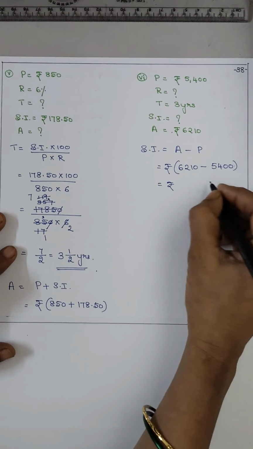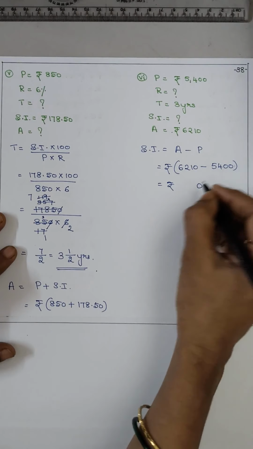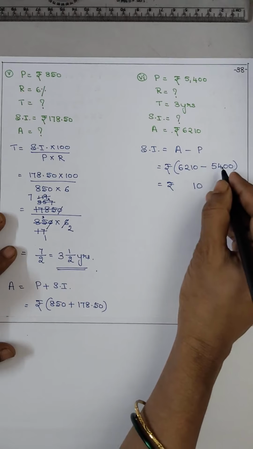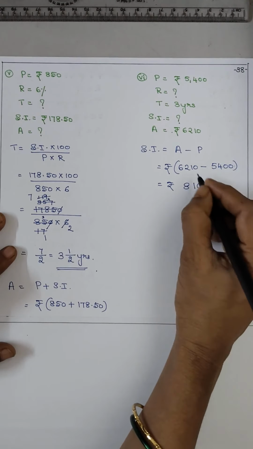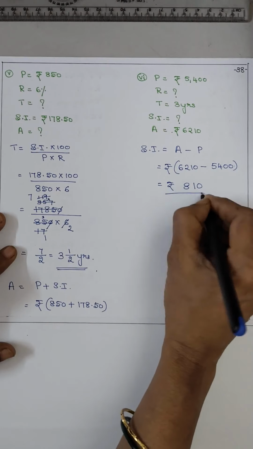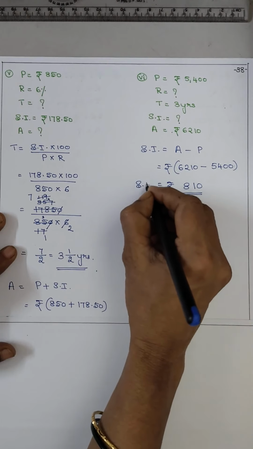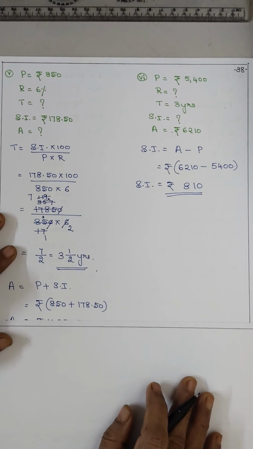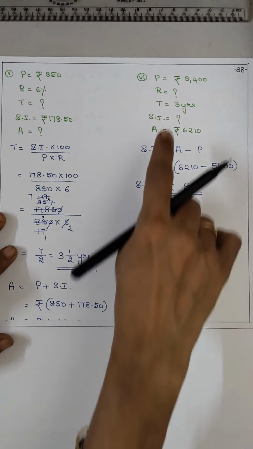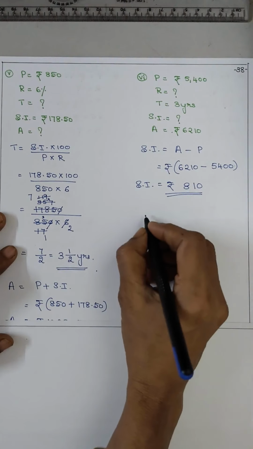That is 0 minus 0, 0, 1 minus 0, 1, 12 minus 4 is 8, 5 minus 5 is 0. So you got SI to be 810. Now you can find out R.